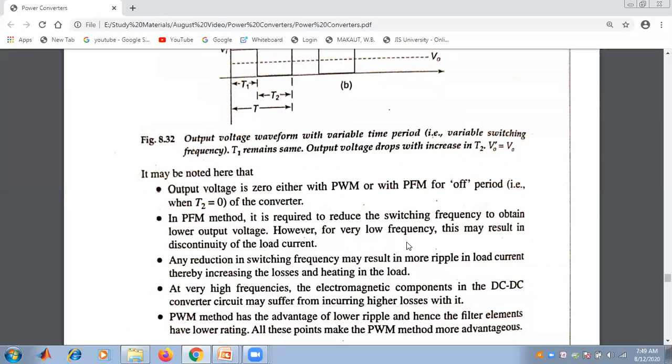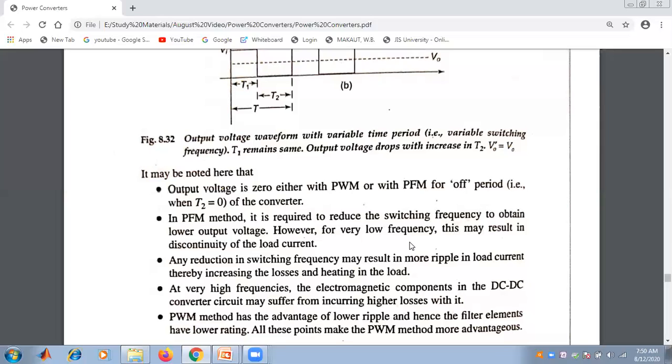Any reduction in switching frequency may result in more ripple in load current, thereby increasing the losses and heating in the load. At very high frequencies, the electromagnetic components in the DC to DC converter circuit may suffer from higher losses. The PWM method has the advantage of lower ripple, and hence the filter elements have lower rating.